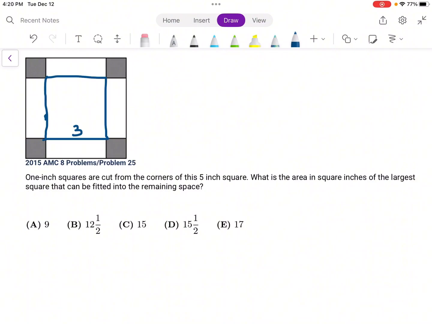One possibility is that the square goes through the corner of the shaded area, like this.